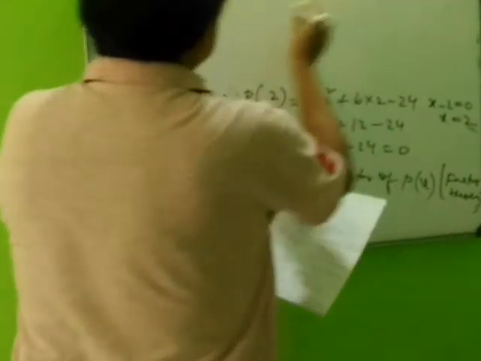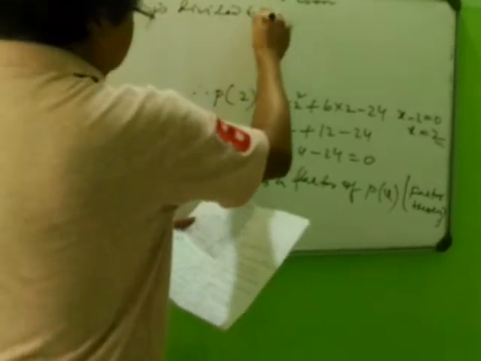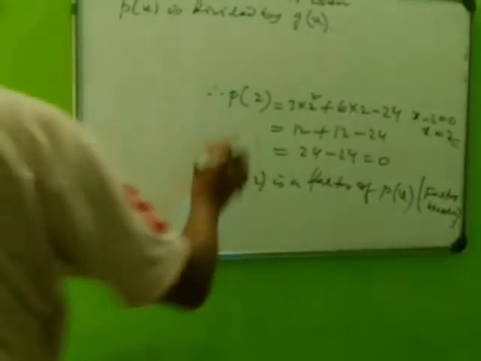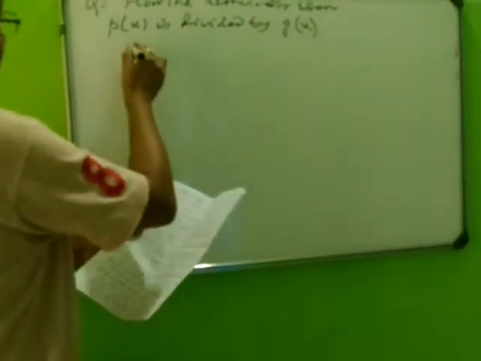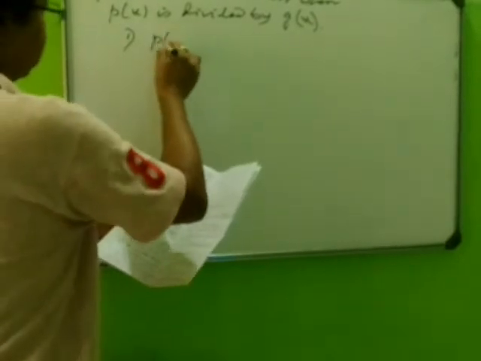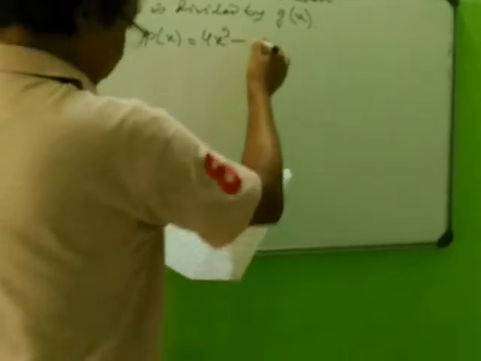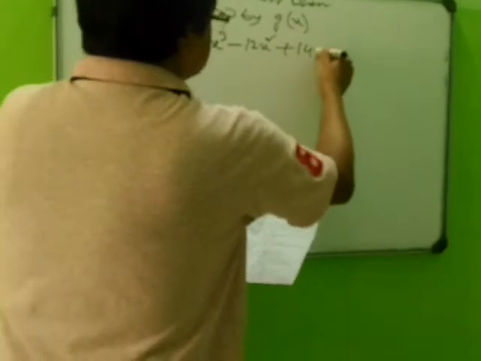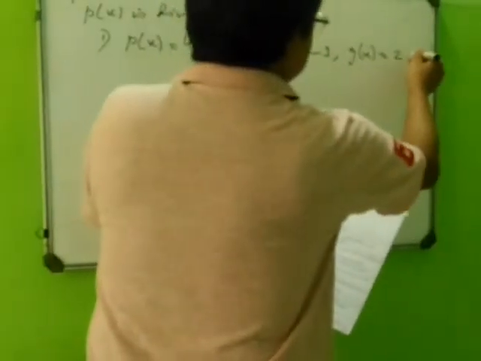Remainder when p of x is divided by g of x. P of x equals 4x cube minus 12x squared plus 14x minus 3, g of x is twice x minus 1.